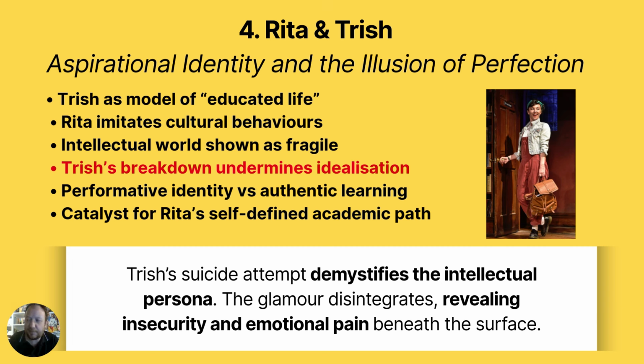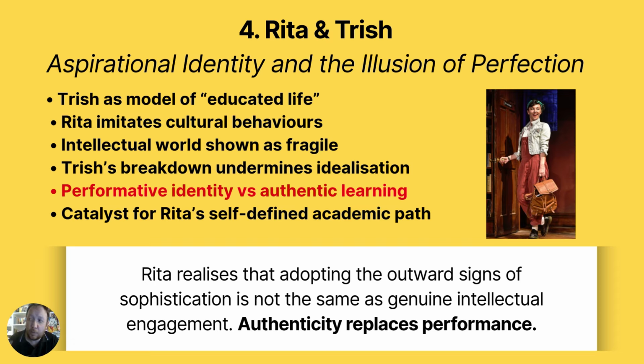Her life isn't perfect. The academic world did not solve all her problems. That's one thing we can be sure of. Whatever identity she has, which Rita idolized, it didn't work for Trish. It didn't solve all her problems. It didn't offer her a shield, at least.